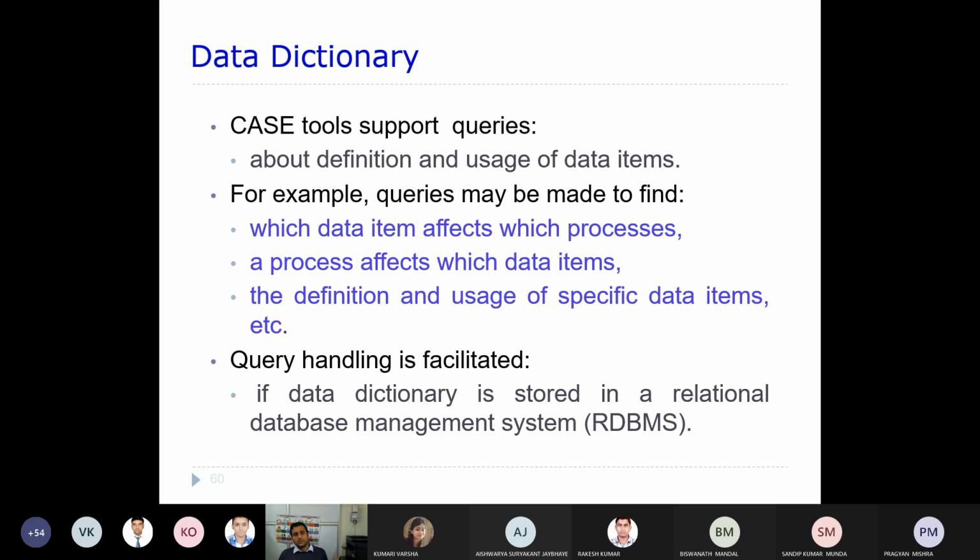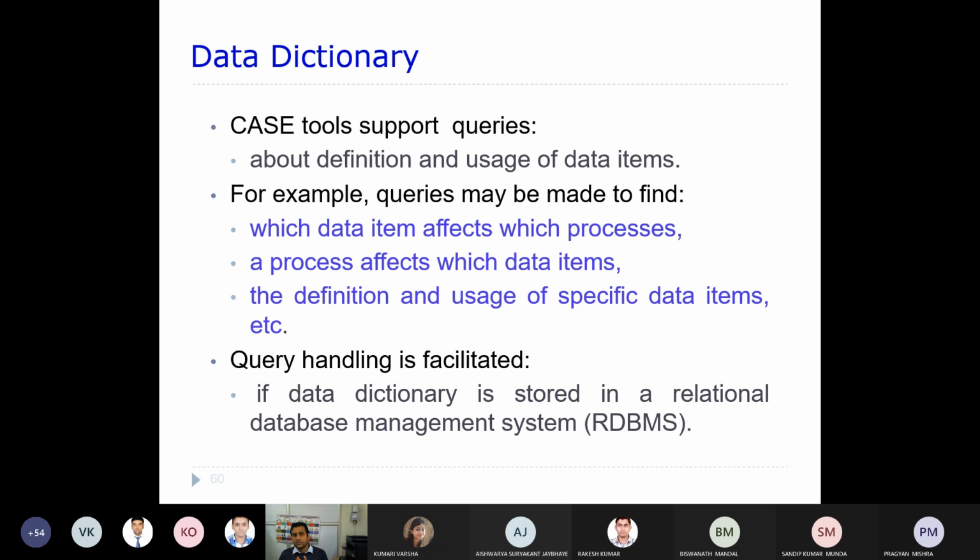So whatever CASE tools you are going to use, sometimes they also support some sort of queries, like whenever you want to know how a data item will be used and what its definition is, you can ask a query and then you will be able to know. Queries may be made to find which data item affects which process.